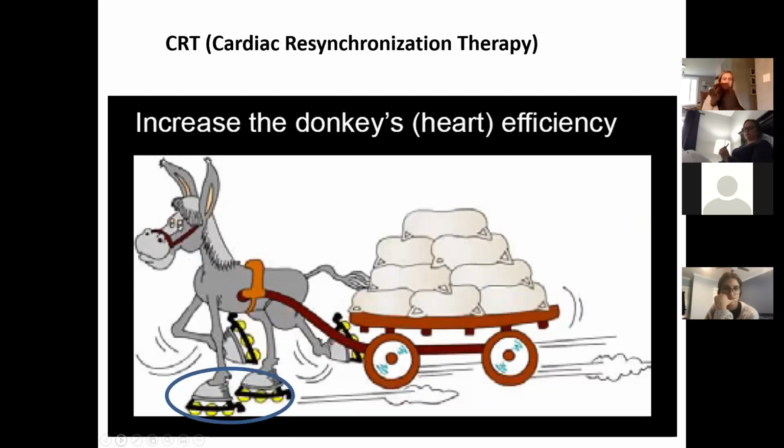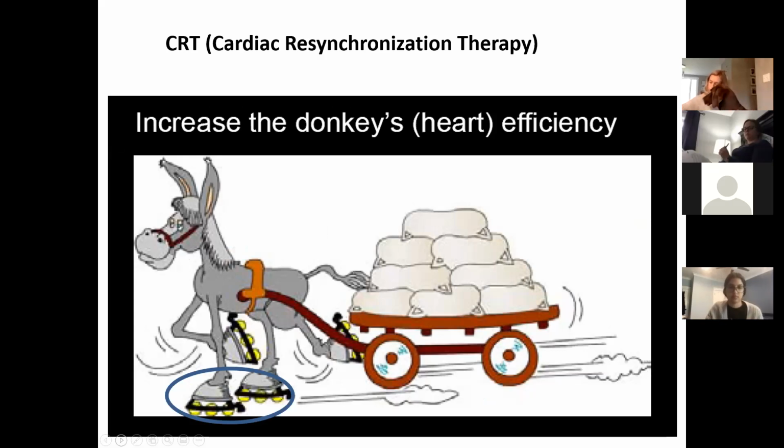Then there are some patients who may benefit from cardiac resynchronization therapy, and I'll talk about this in a few minutes. But CRT is also the same thing as a biventricular pacemaker.